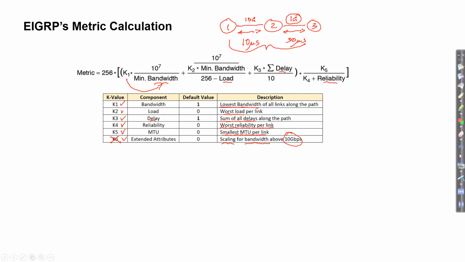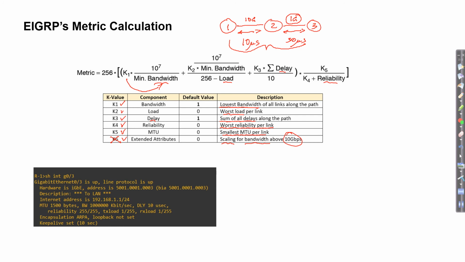So where does EIGRP get these attributes from? It is actually on the interface itself. I have a capture here on router 1 on gigabit 0/3, so let's take a look at it. Here is the bandwidth of 1 gigabit per second, or 10 to the 6, followed by the delay of 10 microseconds.